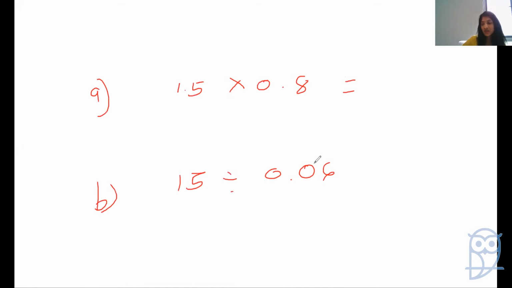Guys, these will be easier for you to work out with your calculators. I'm sure that if you are not calculating it in your head already, you have a calculator sitting next to you, and 1.5 times 0.8 is equal to 1.2. Now, 15 divided by 0.06 is equal to 250.